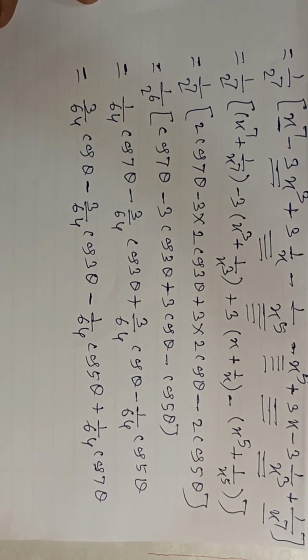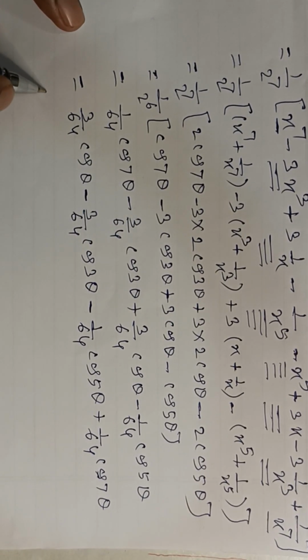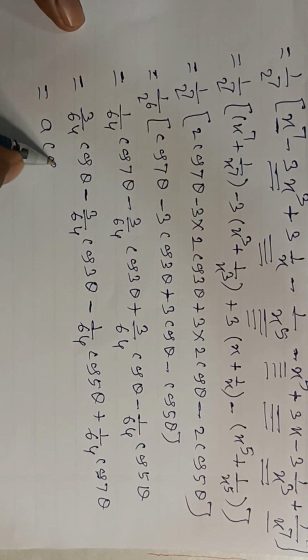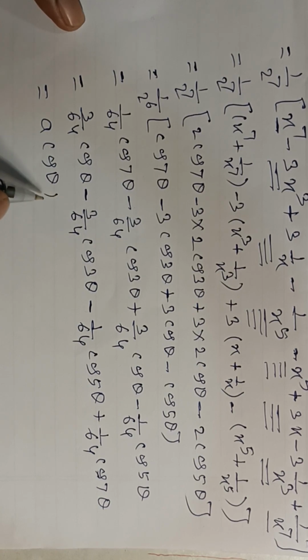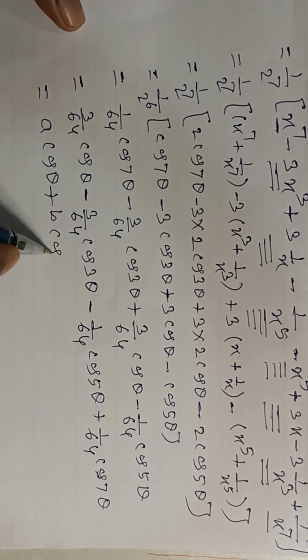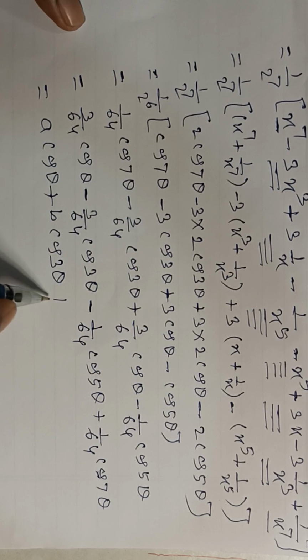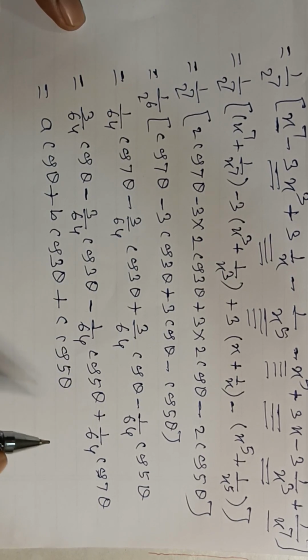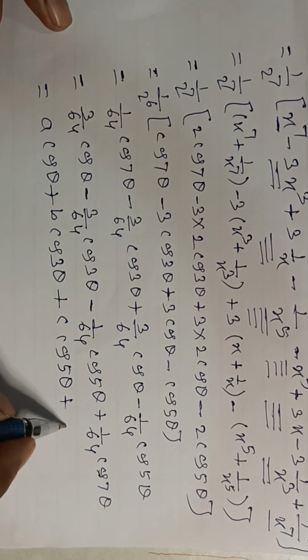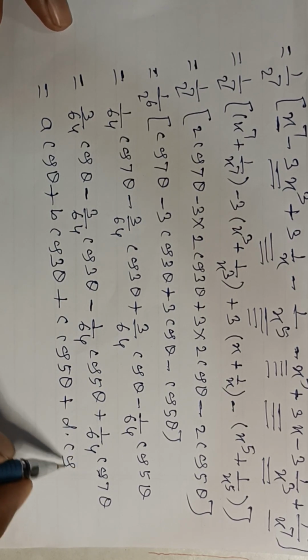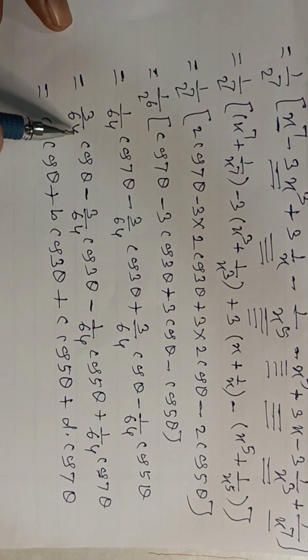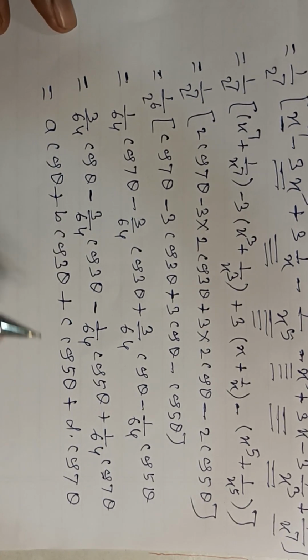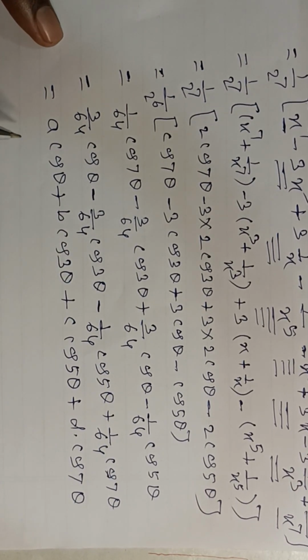Okay, now we can write this in this form: a cos theta plus b cos 3 theta plus c cos 5 theta plus d cos 7 theta. Comparing this and this, we can write the values of a, b, c, d.